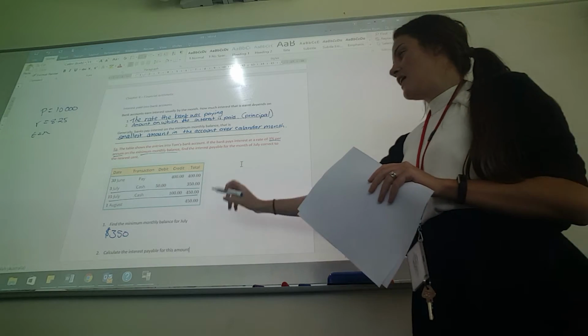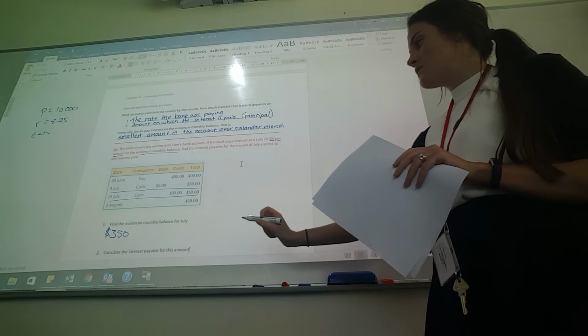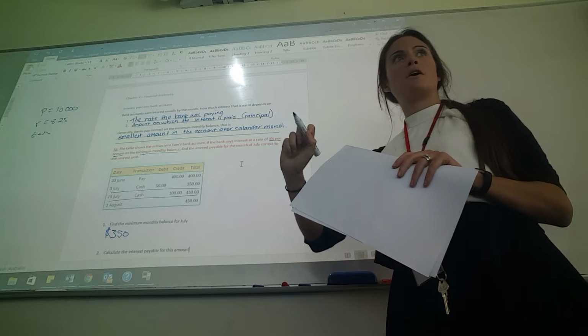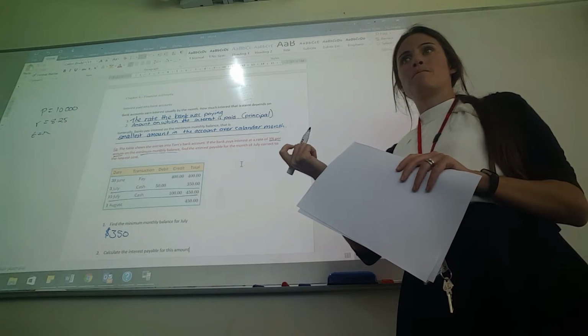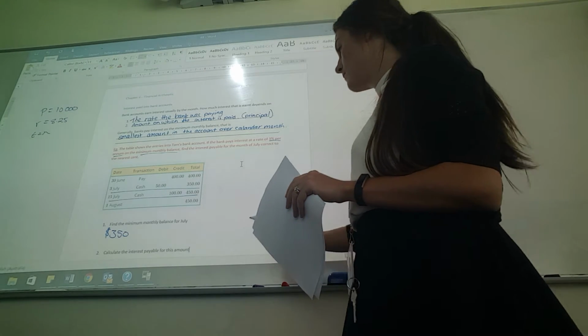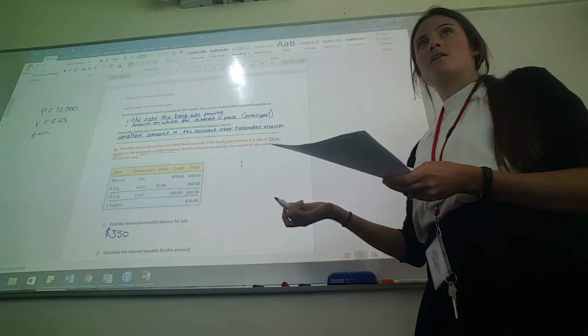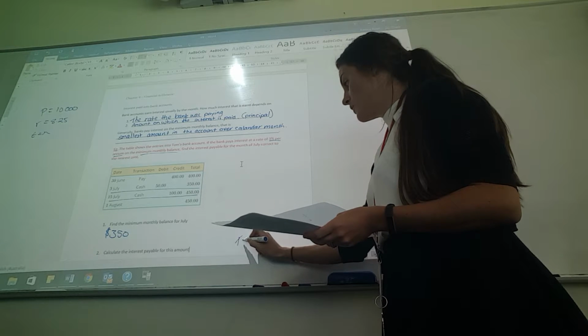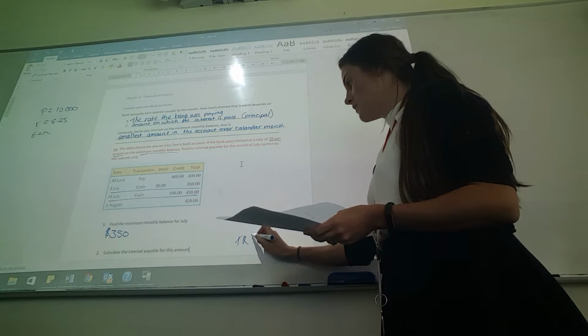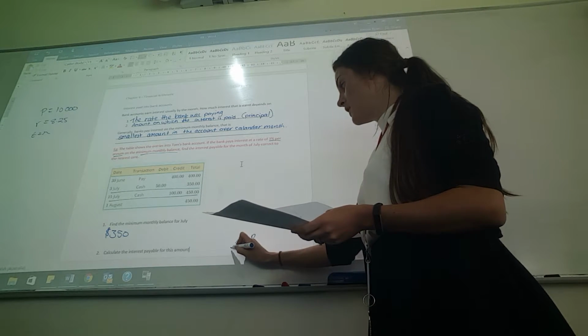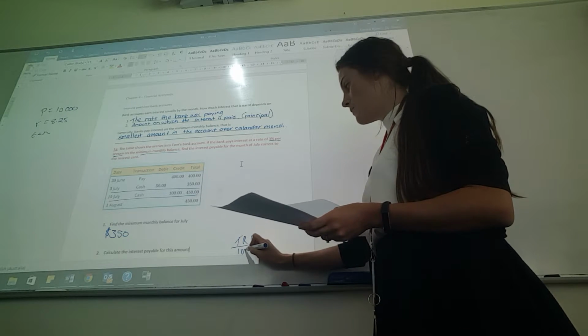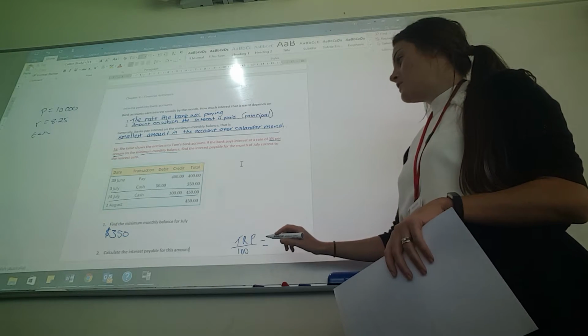Okay, so to calculate the interest payable for this amount, how would we calculate it? How do we calculate how much interest? P times R times T. So 350 times 3 over 100.